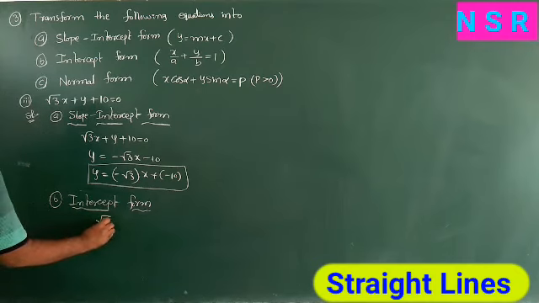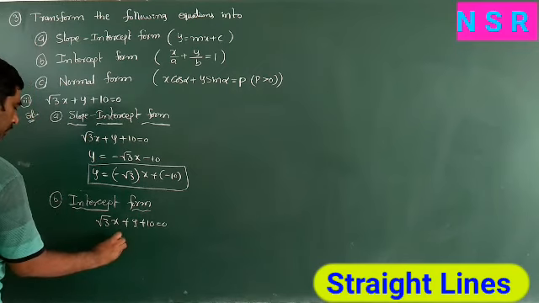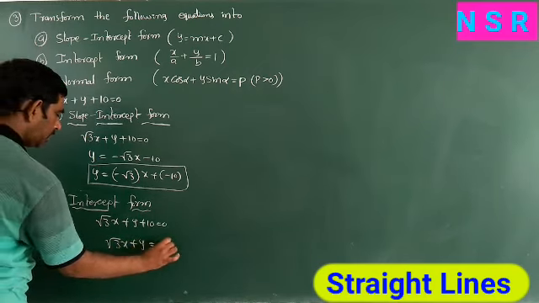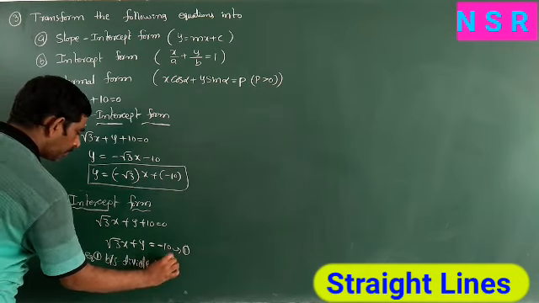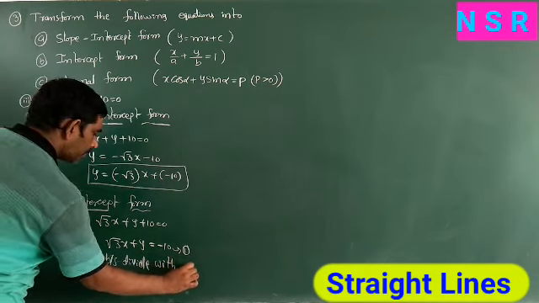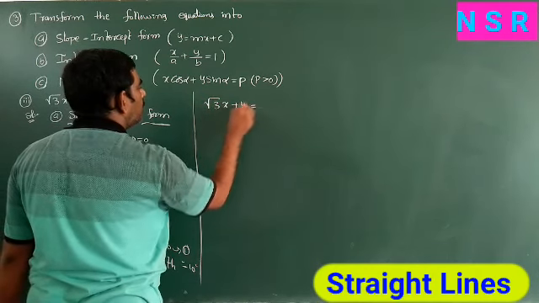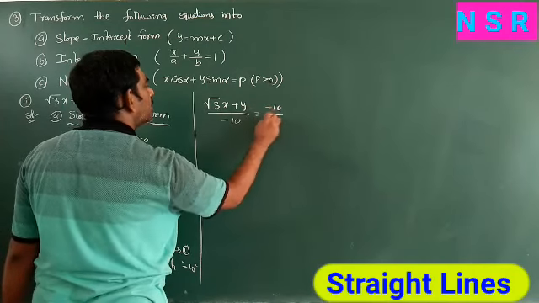Next write root 3x plus y plus 10 equal to 0. First 10 moves outside the equal sign, it becomes minus 10. Take it as equation number 1. In equation 1, divide both sides by minus 10. We get root 3x plus y by minus 10 is equal to minus 10 by minus 10.